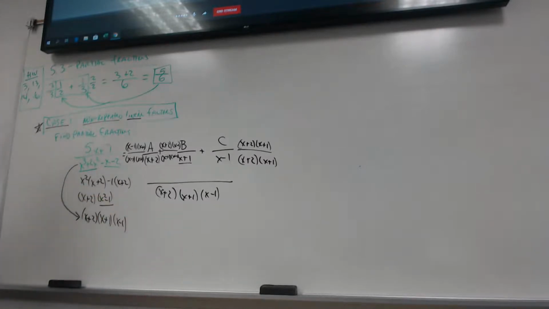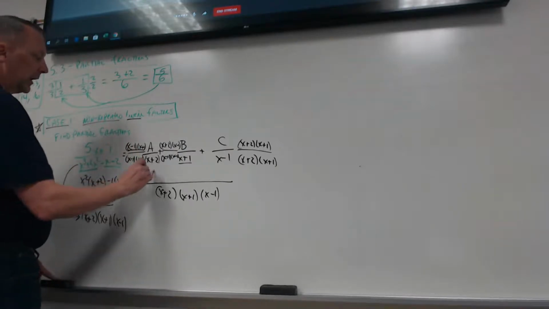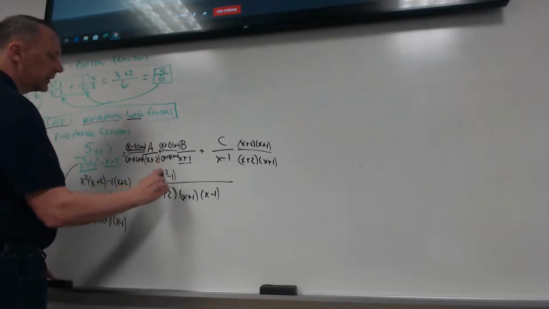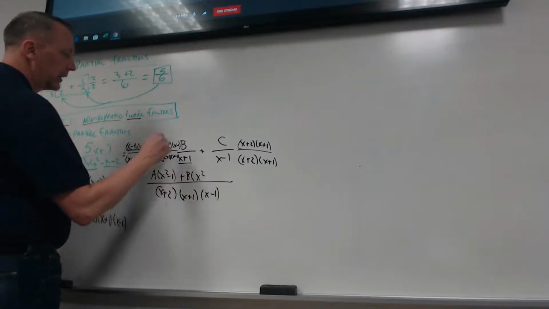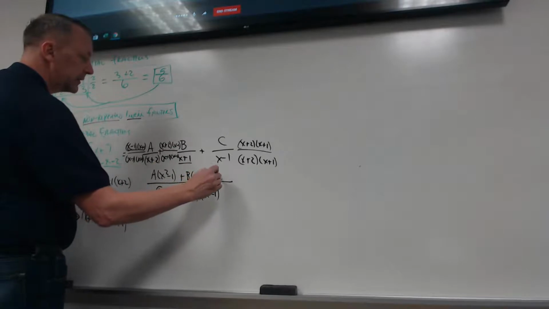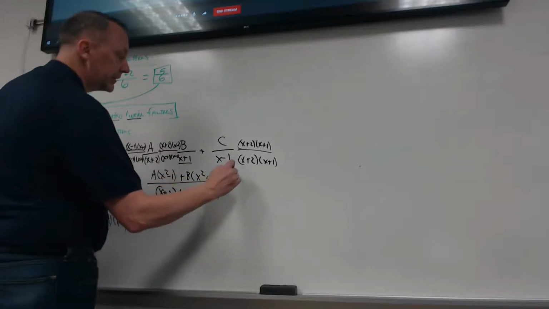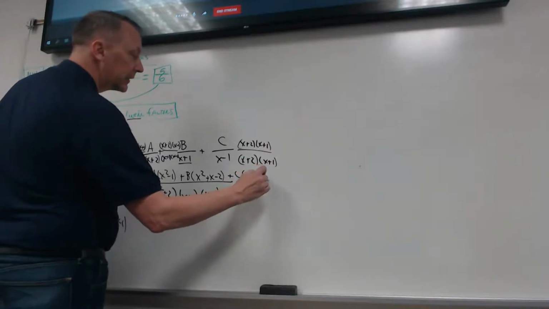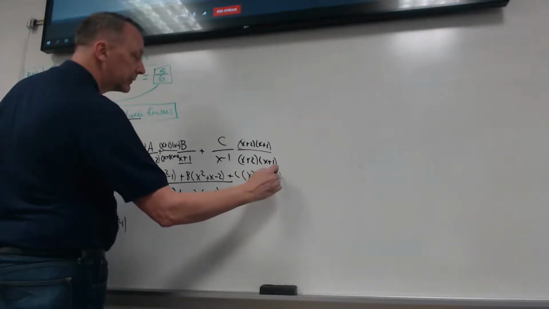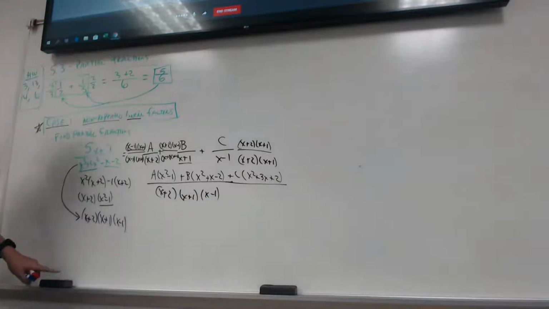Essentially, here's what I'm going to do. I'm going to FOIL this out. I'm going to get a times x squared minus 1 plus b times x squared plus x minus 2. And I'm going to get plus c times x squared plus 3x plus 2.